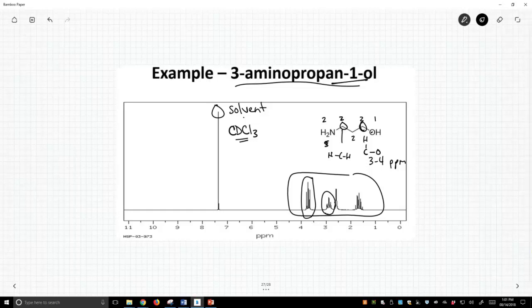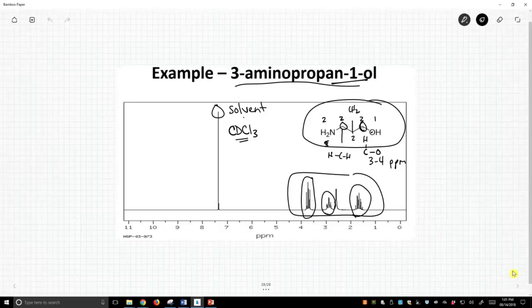So this is how we look at these spectra. Where they show up determines what our peak is. This CH2 is flanked by just regular carbon, so it's in the 1 to 2 region. Works really well. So where they are on the x-axis corresponds to the environment around that hydrogen.